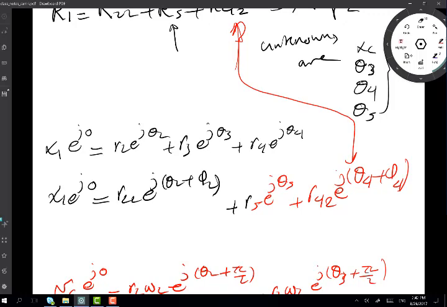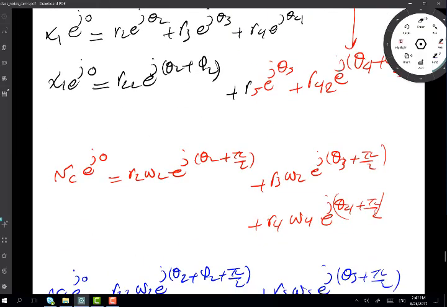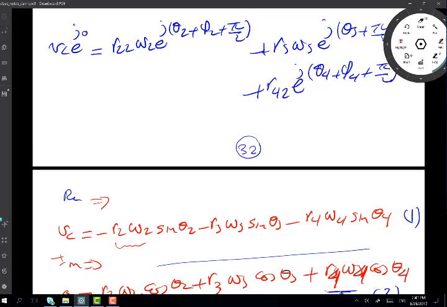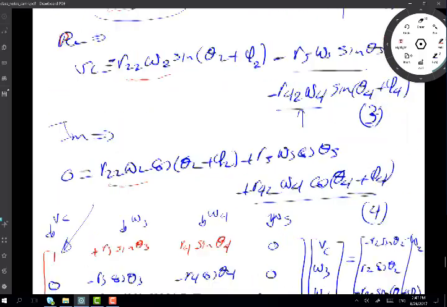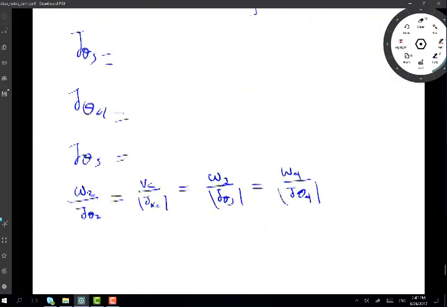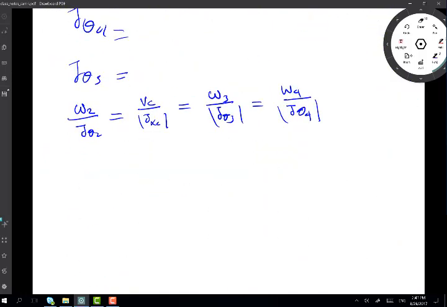And I have lots of sines and cosines and sine theta plus phi and this sort of stuff. So mathematically it will be quite complicated to obtain closed form solutions for the angles and xc as a function of theta 2. In this case, if we want to do position analysis, we do it in an inverse fashion.